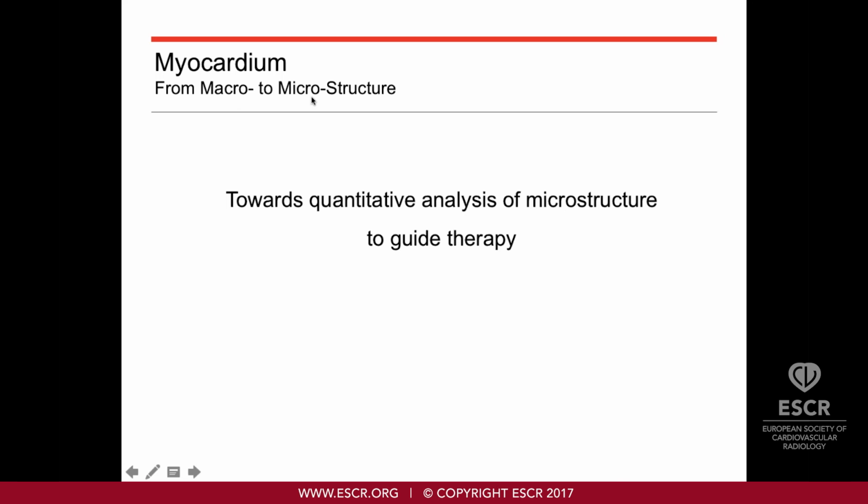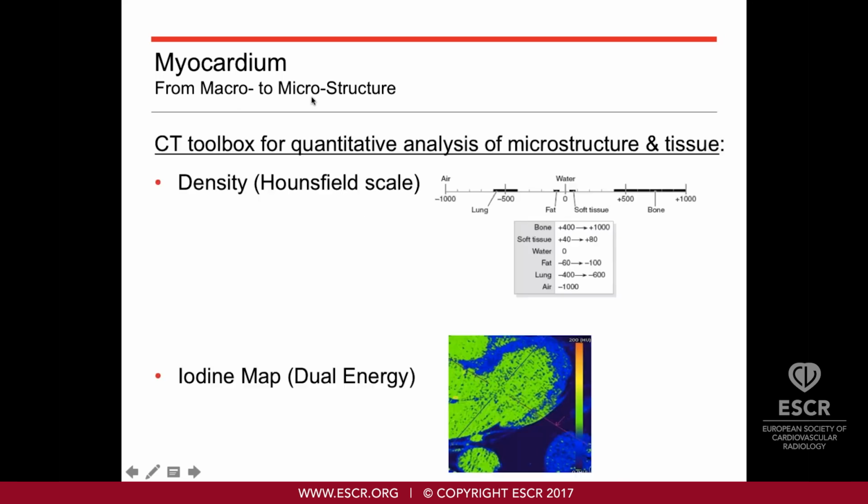This plot here illustrates the concept behind this mapping and how this helps to characterize tissue. So here we have only two parameters, extracellular volume, plotted over T1 time, but again we have many more parameters to look at. So here's normal myocardium, and if the T1 value is decreased, we might consider iron overload.